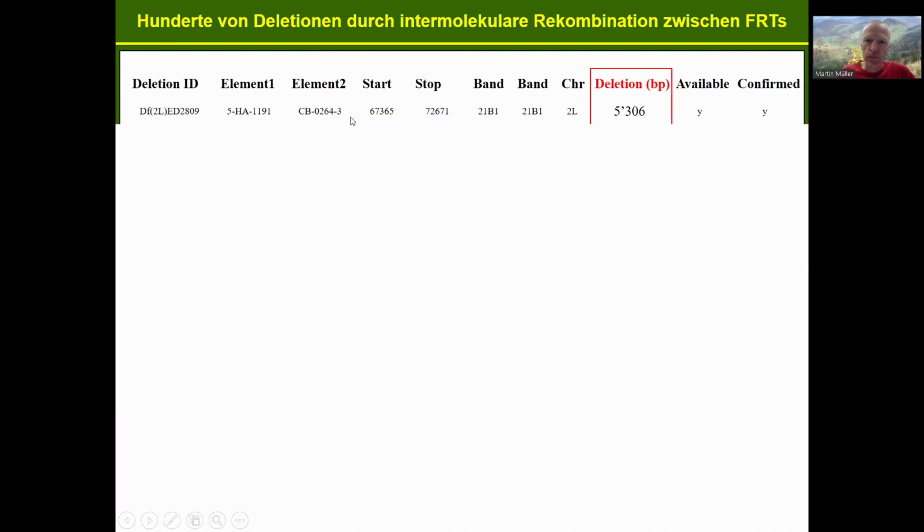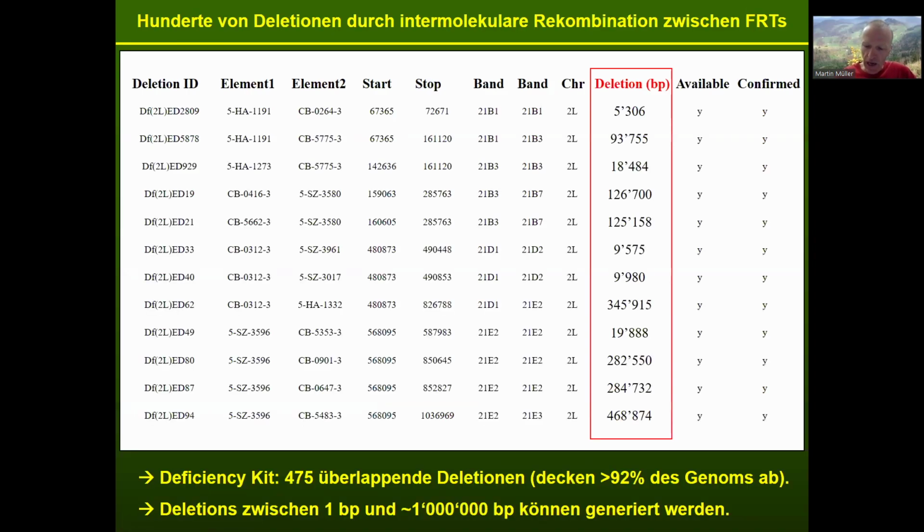The other one maps here at 72,671. This is on 2L. And if you make the deletion, you have a 5,306 base pair deletion, which could be of interest to you because your gene of interest is located there. And in that way, hundreds have been made.